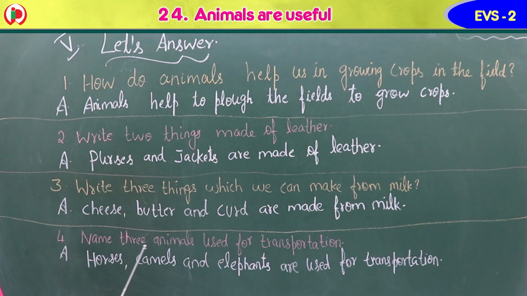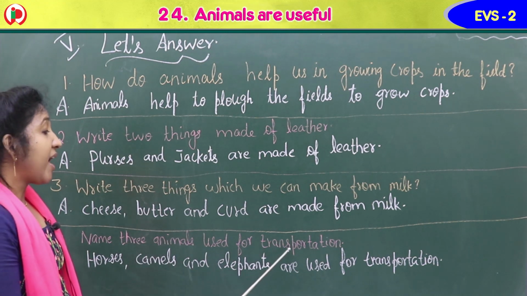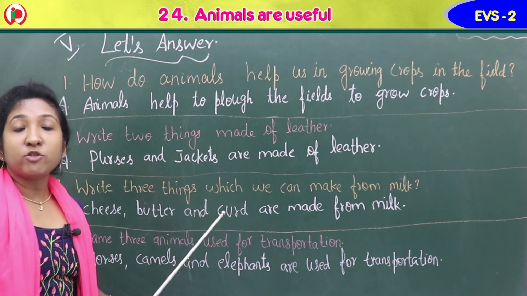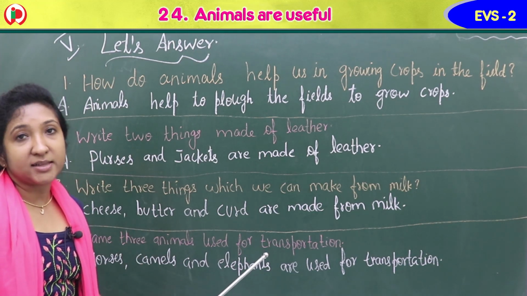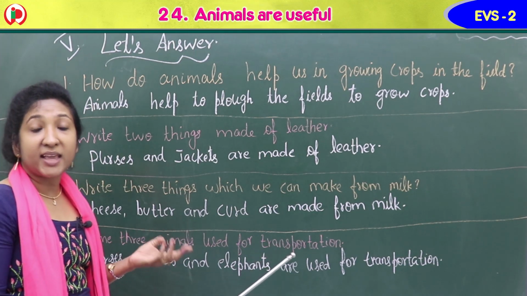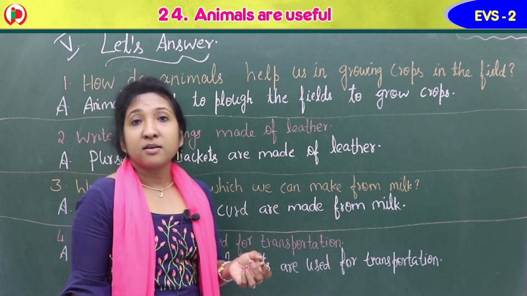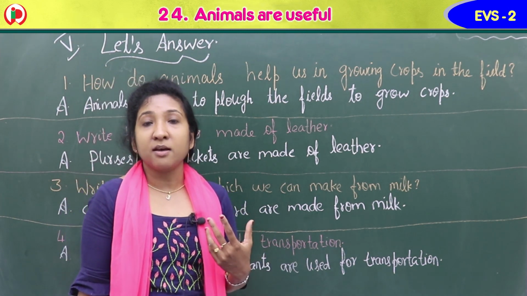Now fourth one, name 3 animals used for transportation. You have to write the name of any 3 animals that are used for transportation. Camels, horses, elephants, mules, donkeys.